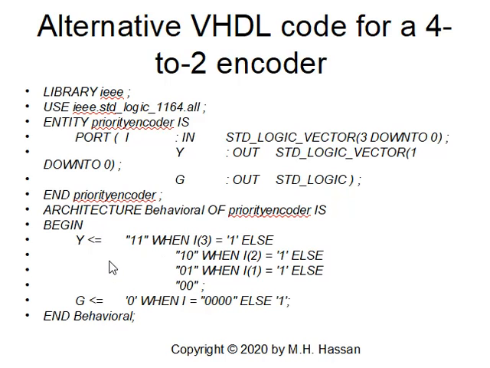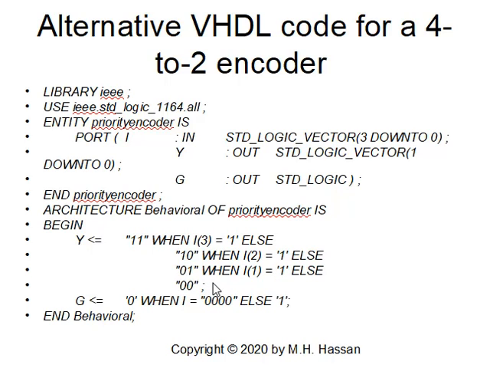I will assign Y to be 1, 1 when I3 is 1. So if the most significant bit of I is 1, I will assign Y to be 1, 1. I will assign 1, 0 when I2 is 1, else I will assign 0, 1 when I1 is 1, else I will assign Y to 0, 0.